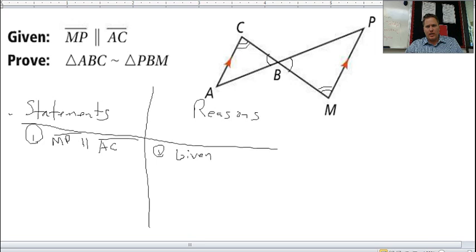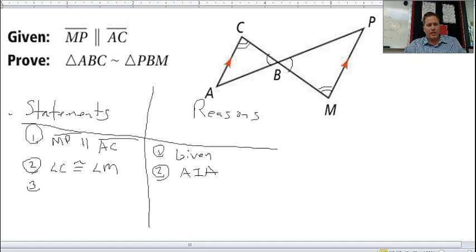So number 2 right here, we are going to say that angle C is congruent to angle M. And how do we know that? We know that because those are alternate interior angles.